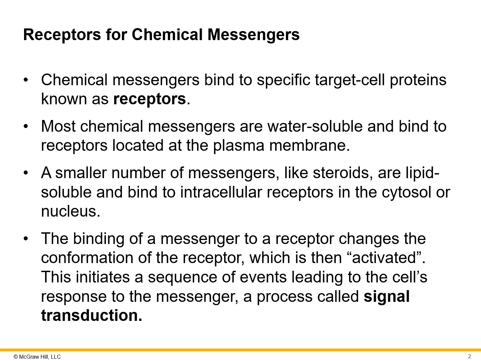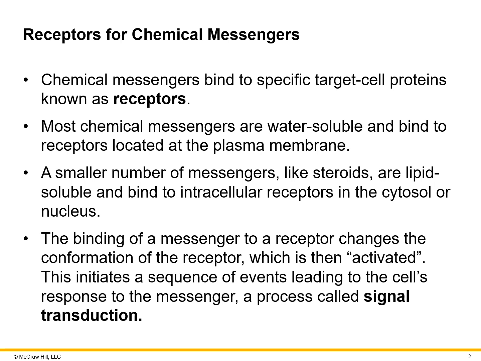When a cell responds to a chemical messenger, such as a hormone, for example, if the endocrine system sends out a hormone to get a target cell to do something that it needs it to do, that chemical messenger has to sit on a protein that is known as a receptor in the cell.